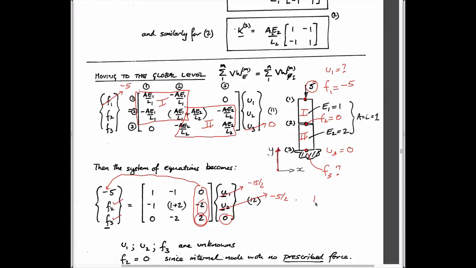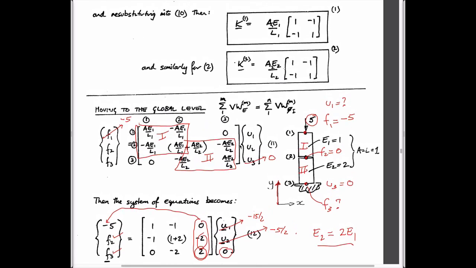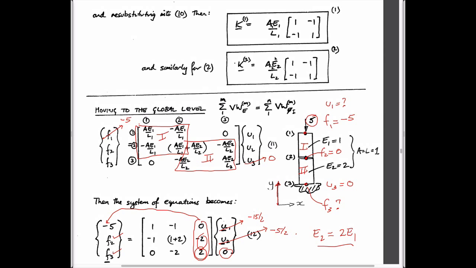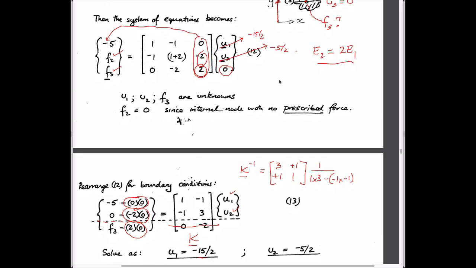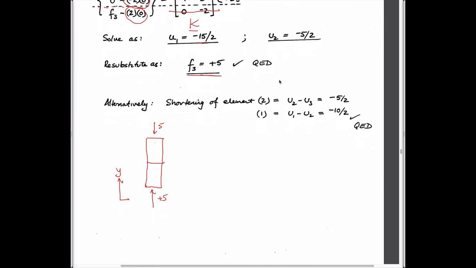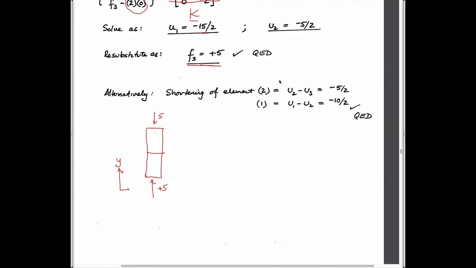So in other words, E2 is equal to 2 times E1. So it's not homogeneous. Hence this value here, because these are just linked by this constant. Everything else is the same. And so the bottom element is twice as stiff as the top one. So E2 is equal to 2 times E1.